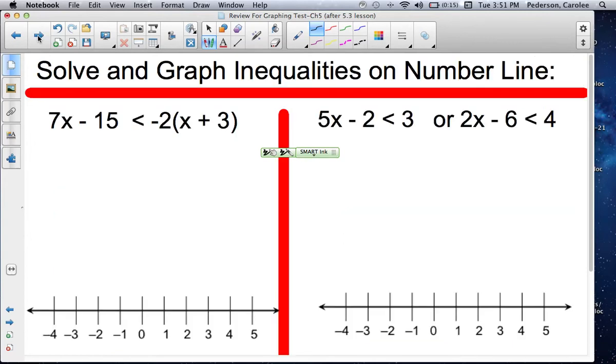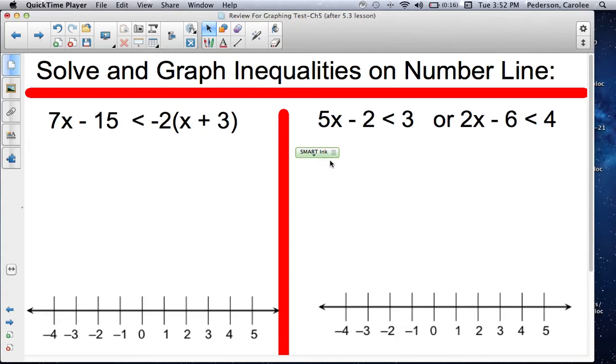Let's move on to inequalities. We haven't done these in a while, so you might want to write these down. Let's start with the left example.